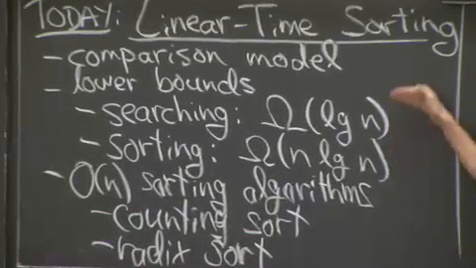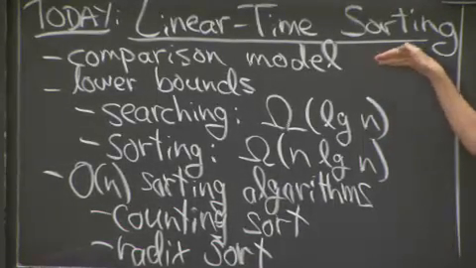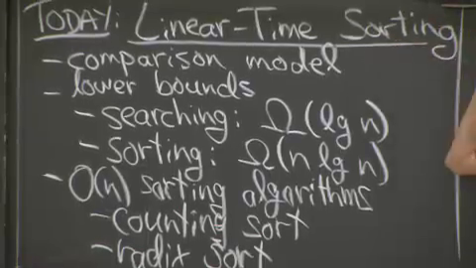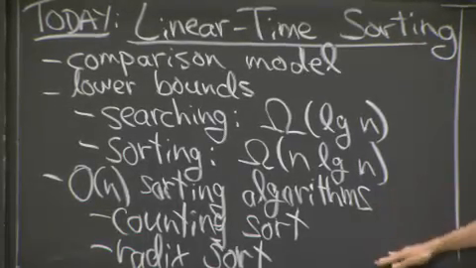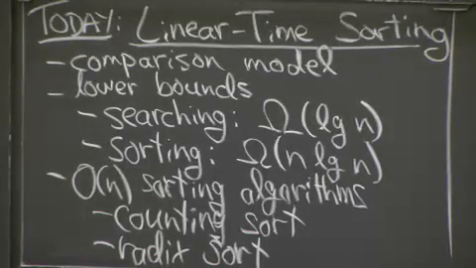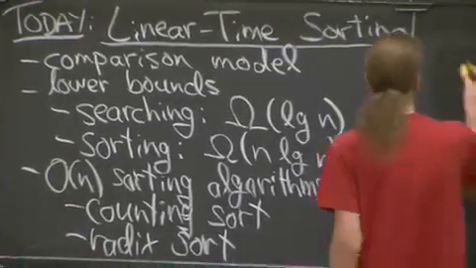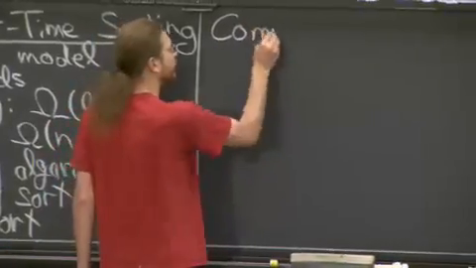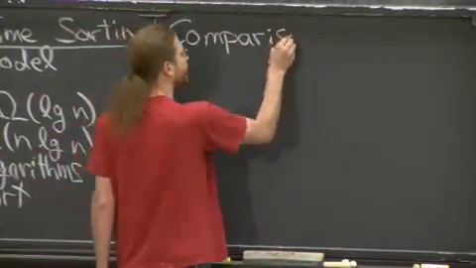And then we're going to break outside of that comparison model, work in a different model of computation, our more usual RAM model, and show that in certain situations we can get linear time. So that's the plan. Let's start with this comparison model.